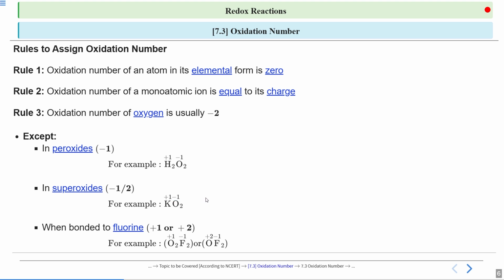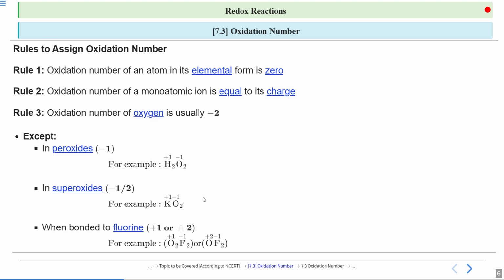If we consider superoxides, an example is KO2, and there is one more example, RbO2. In these superoxides, each oxygen atom is assigned an oxidation number of -1/2.